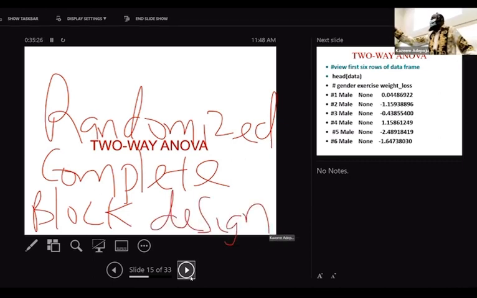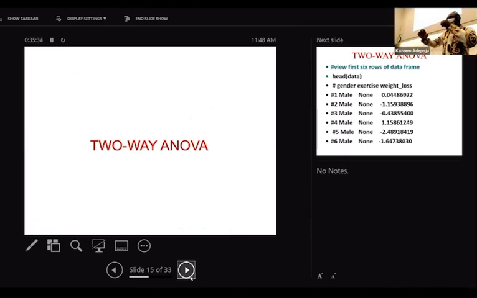Your block here is the batches. Does that make sense to everyone? But there's another one where you can look at the effect of interaction. The two-way ANOVA with interaction is not a randomized complete block design, but a two-way ANOVA without interaction is a randomized complete block design.